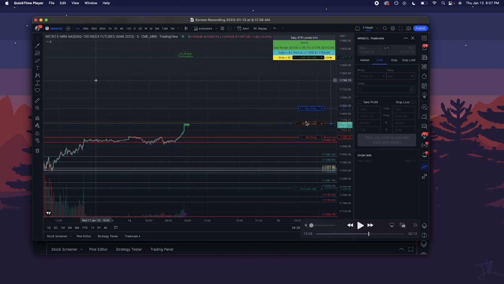Because what happened to me last time is that they triggered me in, and I'm not sure if this was a glitch or something, but it said that I got stopped out. So in this case, I made it a little wider and I sized down considerably. As you can see here, I only have one contract of MNQ.